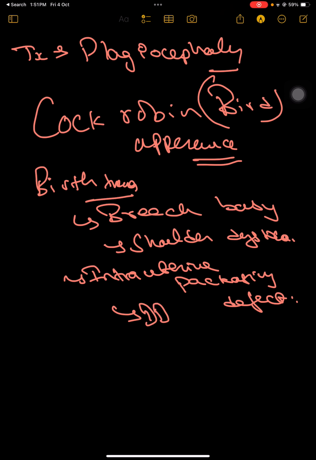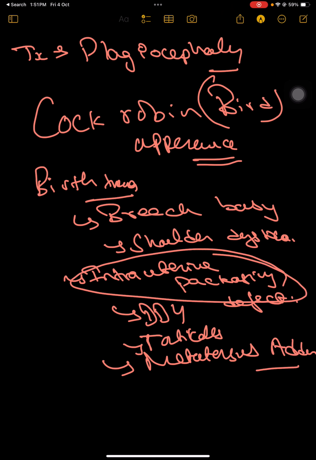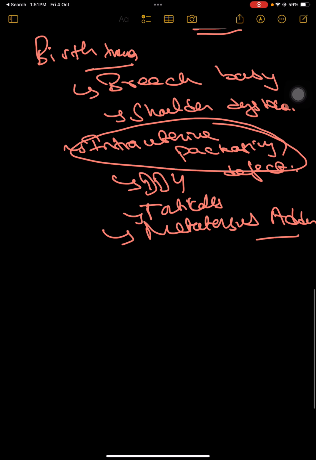In the case of DDH, torticollis, metatarsus adductus, this is just an example I am giving you. In the case of any intrauterine problem leading to an orthopedic problem, maybe CTEV, maybe DDH, maybe torticollis, this will manifest.